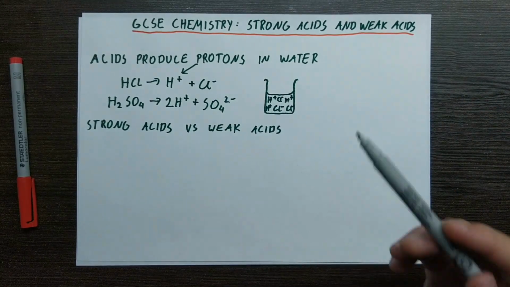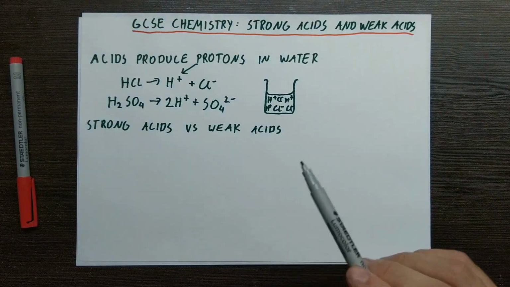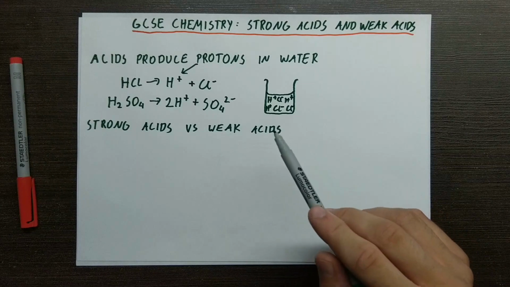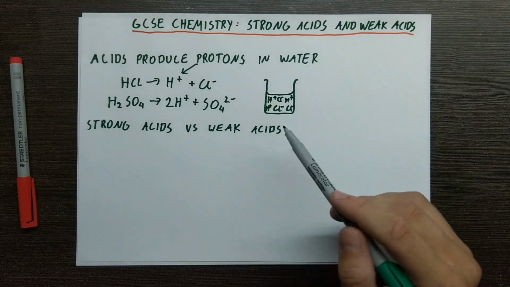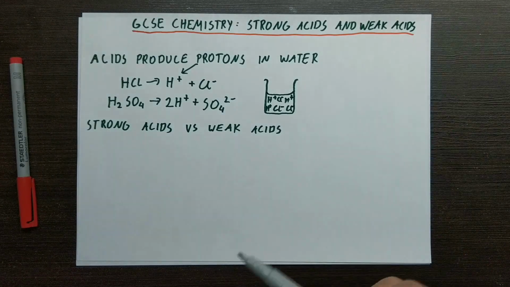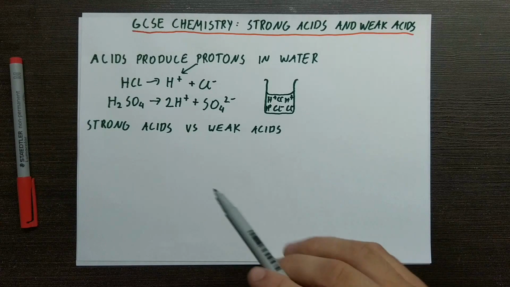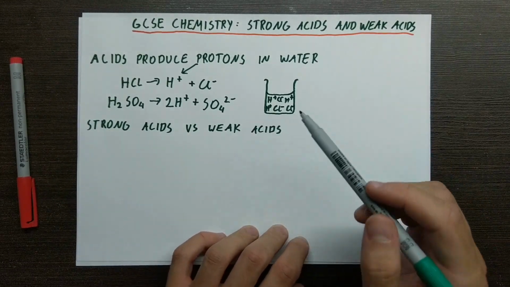And that's how acids work, and as we covered before, that's how pH works, because pH is a measure of H+ ions. The more H+ ions there are, the lower the pH. The fewer H+ ions there are, the higher the pH. So this is how acid works.